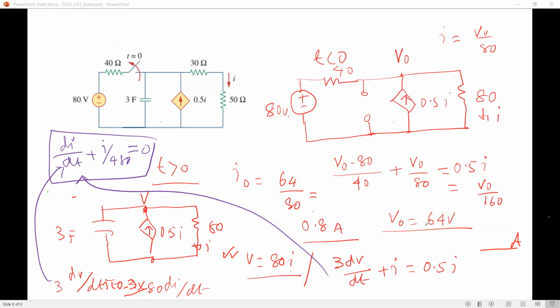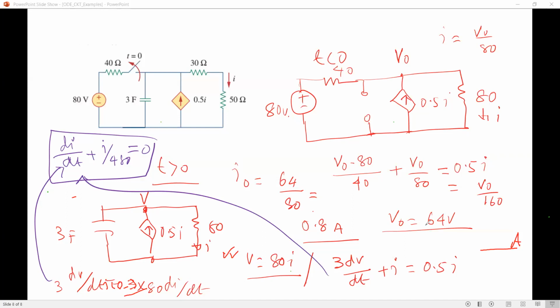Current leaving the node is V0 minus 80 divided by 40 ohm. Another branch current leaving the node through 80 ohm is equal to V0 by 80, and that is equal to the current entering the node, 0.5 I. And you know that I is equal to V0 divided by 80, isn't it?